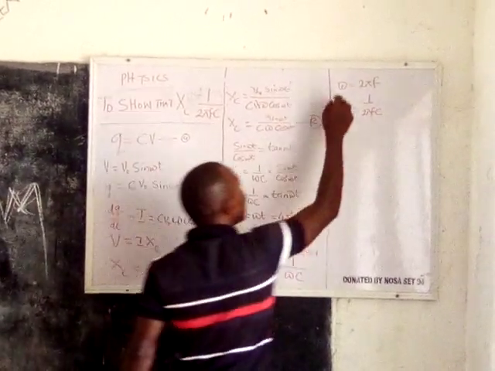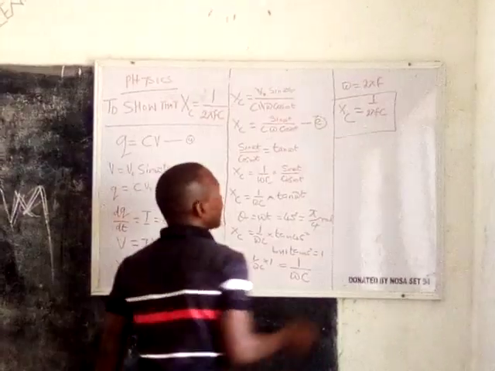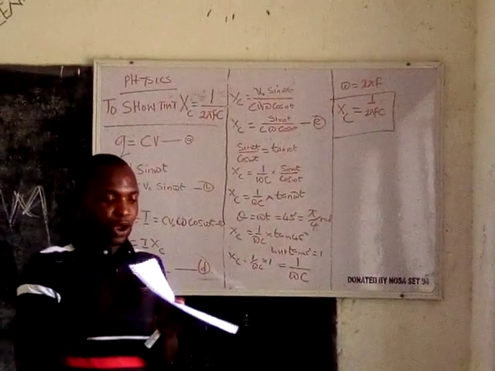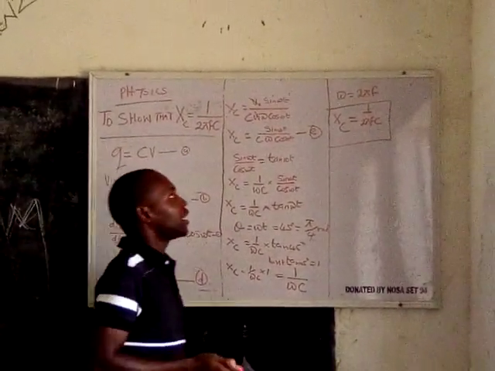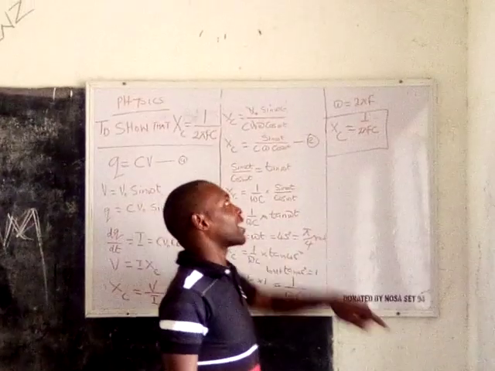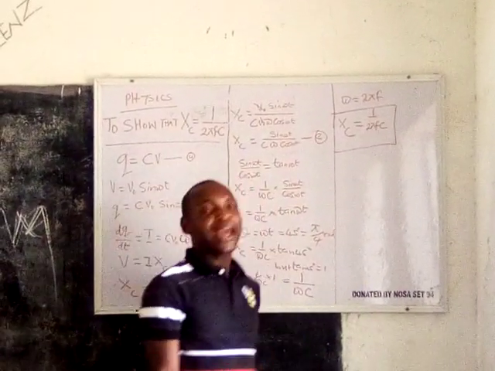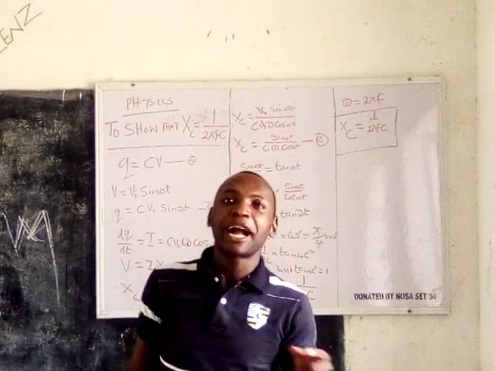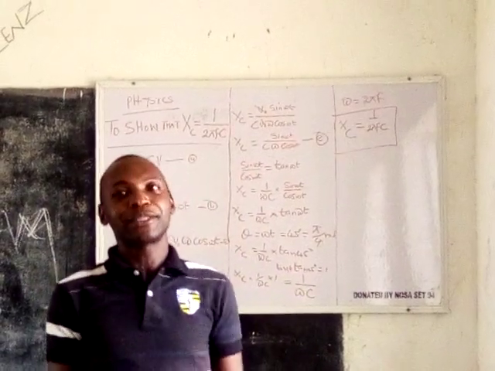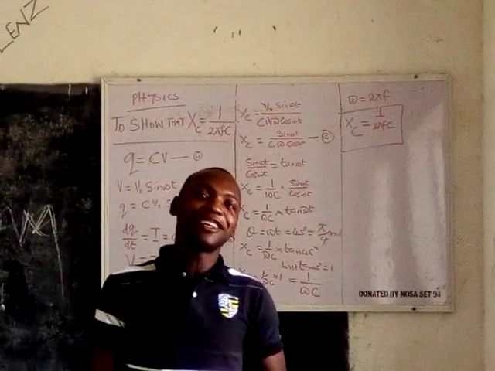You can see that we have shown that the capacitive reactance of a capacitor is equal to the inverse of the product of 2 pi, the frequency, and the capacitance of the capacitor. Thanks for watching this video.